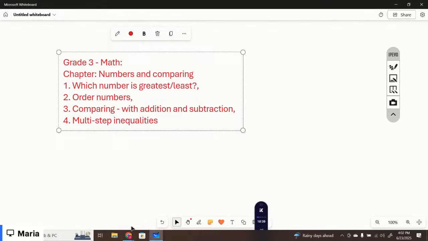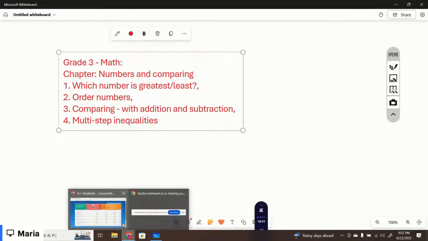Please make sure you have your marker and pencil so that you can note down the example and definition.